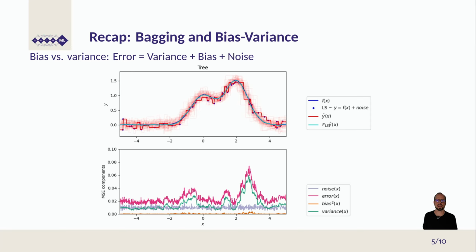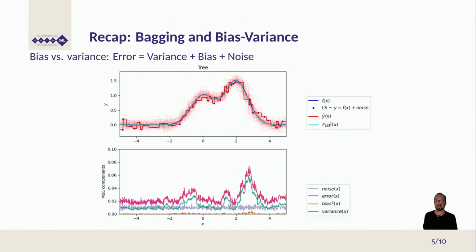Then we have the prediction of a single tree. This is the red line. And we have also in turquoise drawing a data set from the underlying function with noise and training a decision tree on it. We can see that it actually averages out with the actual underlying function.